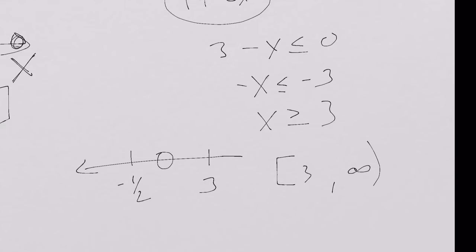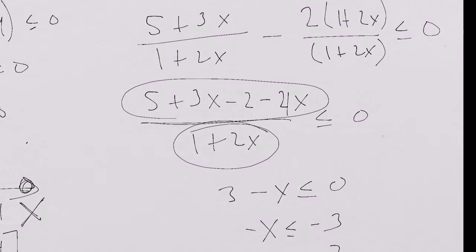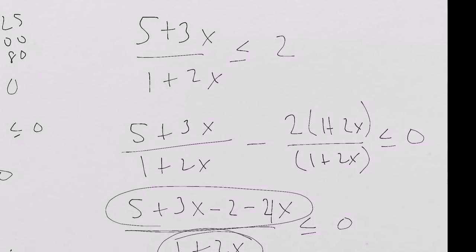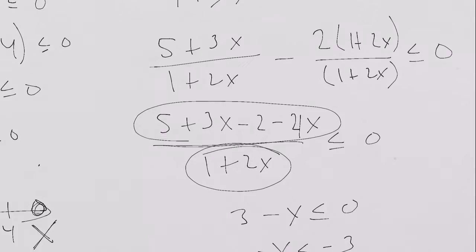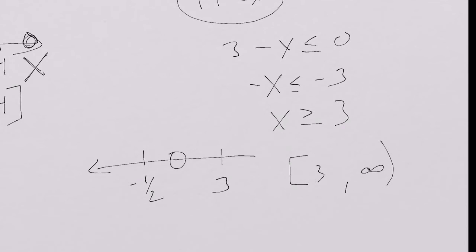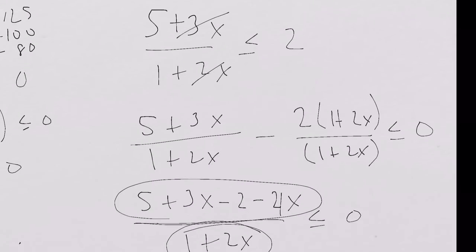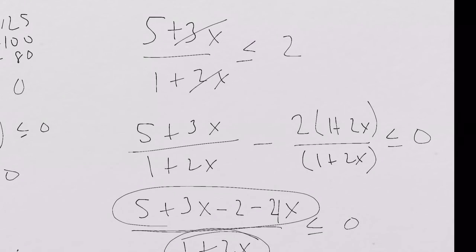When I check 0, to see if it makes it true, let's go back up here. When I plug in 0 for x, that would go away and that would go away. So I get 5 is less than or equal to 2. Well, that's not correct. And so it wouldn't be this part. And then we could check the left of negative a half, so maybe negative 1. And if we plug negative 1 in here, I think we'd get a 2 up top and a negative 1 on bottom.